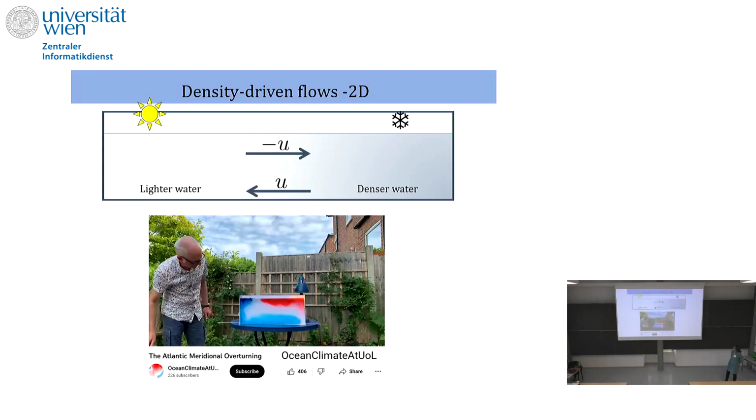Okay, so density-driven flow. This is the basic idea that if you have a box with a denser fluid in one part, say kept by cooling, so you can think about this as cold water, and this is hot water, then beyond a certain critical difference between these, you expect to have some recirculation.